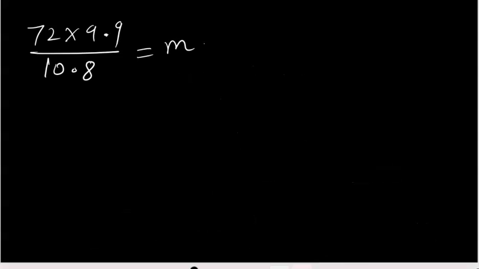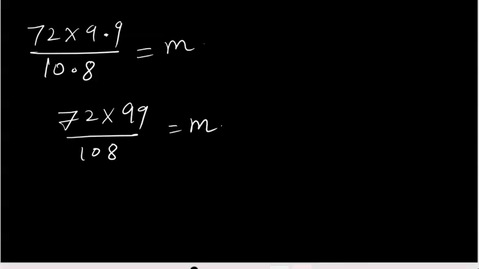Now how will we do this? We will multiply by 10 on numerator and denominator both. 72 into 99 over 108.